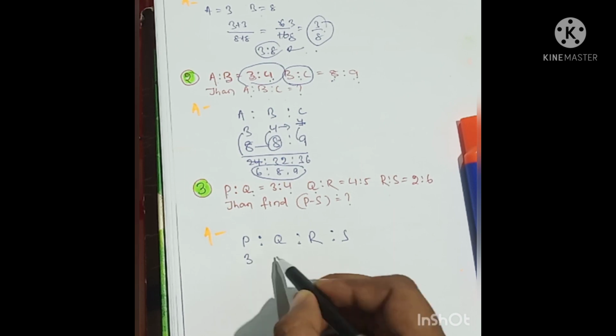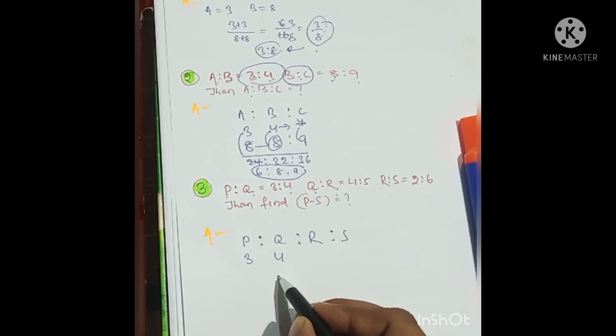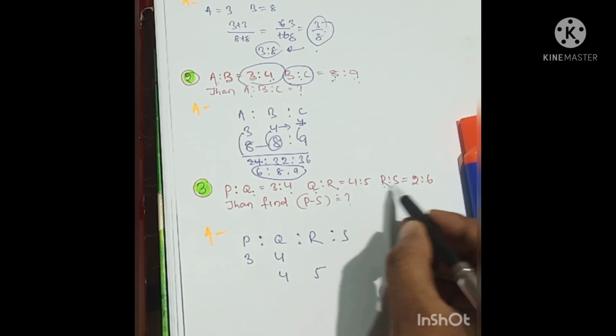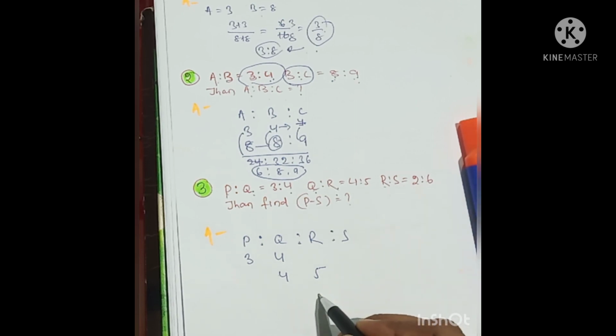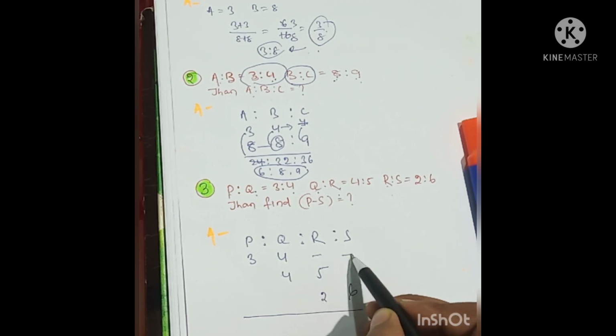So 3 is to 4. Then q r is 4 is to 5. Then r s is 2 is to 6. Can you get how I am placing these numbers here? Okay, so these are the vacant seats here.